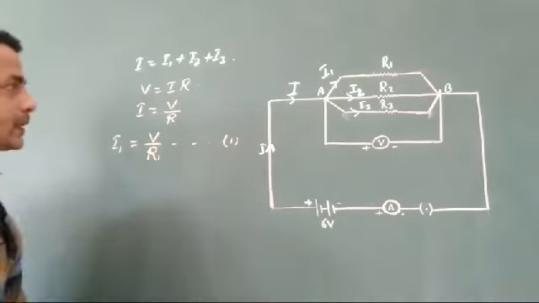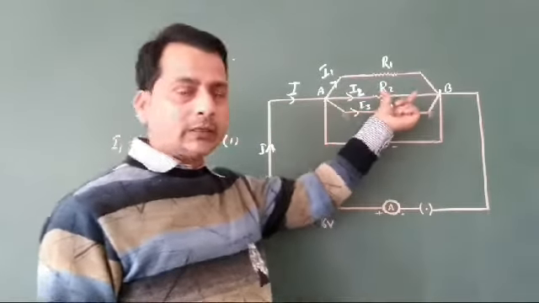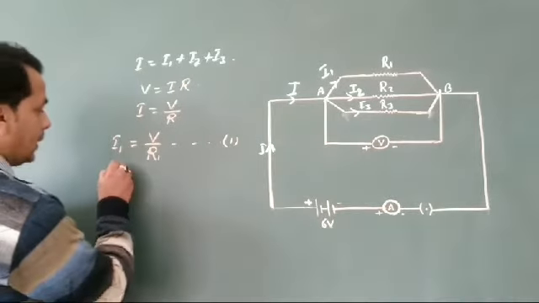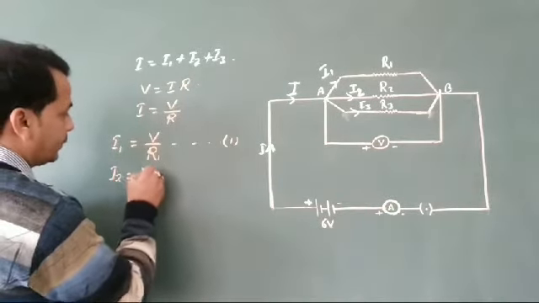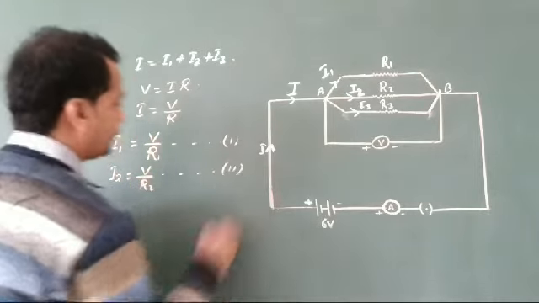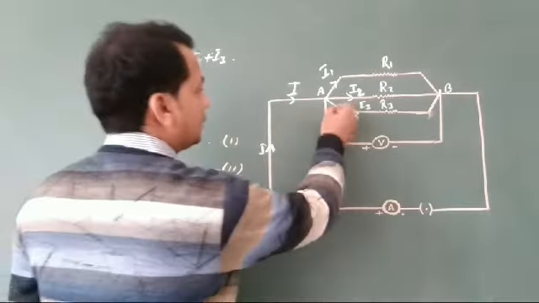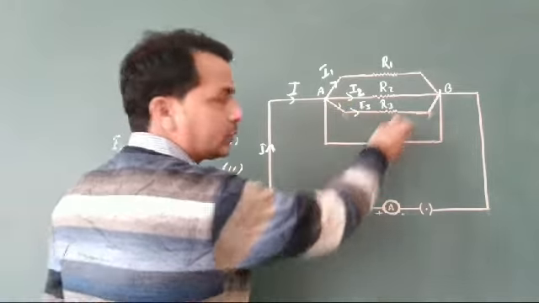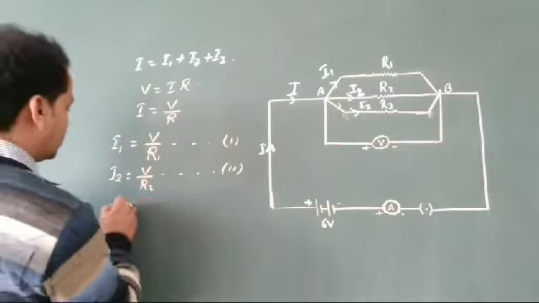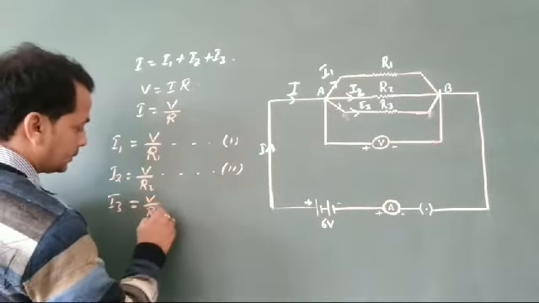The second current I2 flows through the resistor R2, so I2 equals V by R2, that is the second equation. And I3 flows through the resistor R3, so I3 equals V by R3.